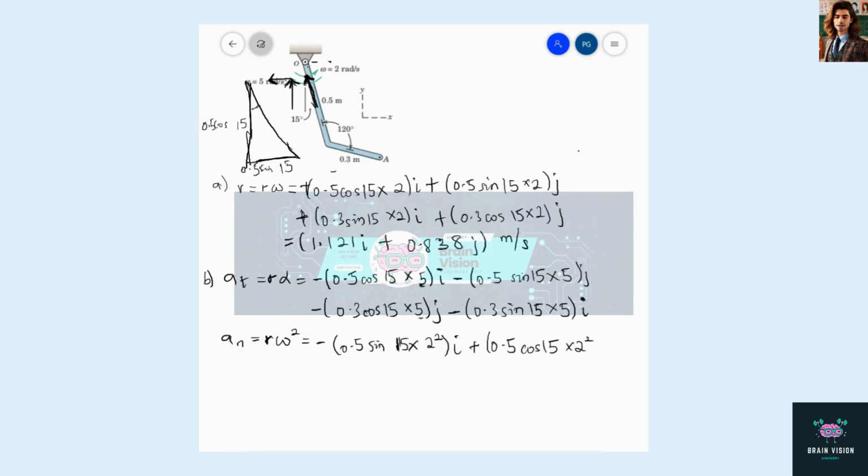And then for the other side, we have 0.3 cos 15 and 0.5 cos 15.